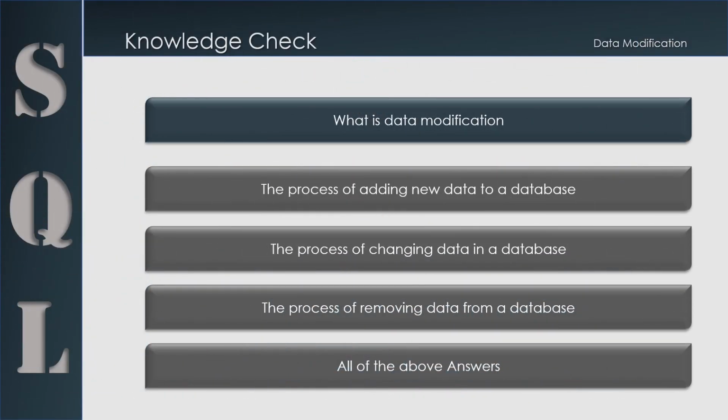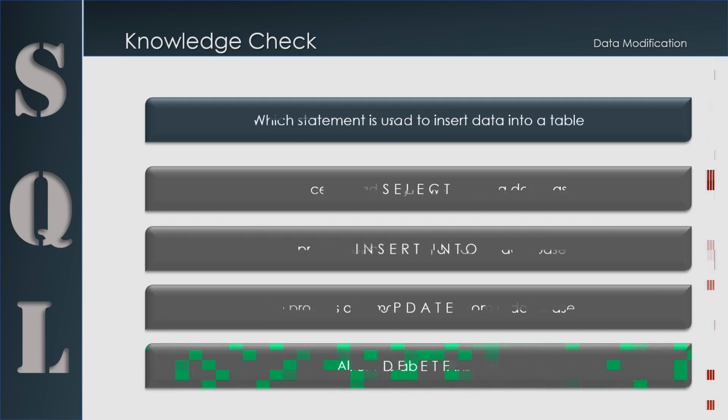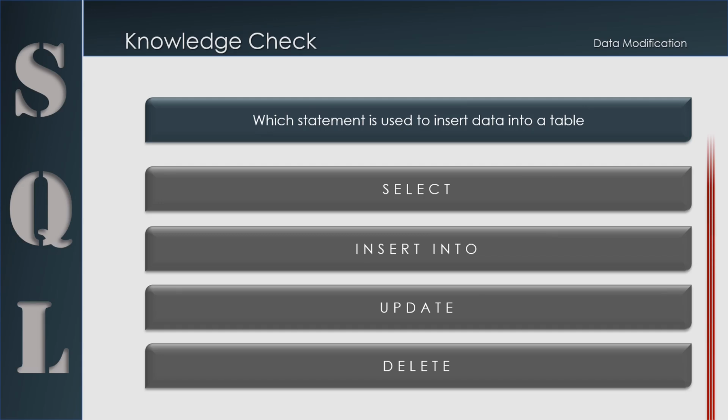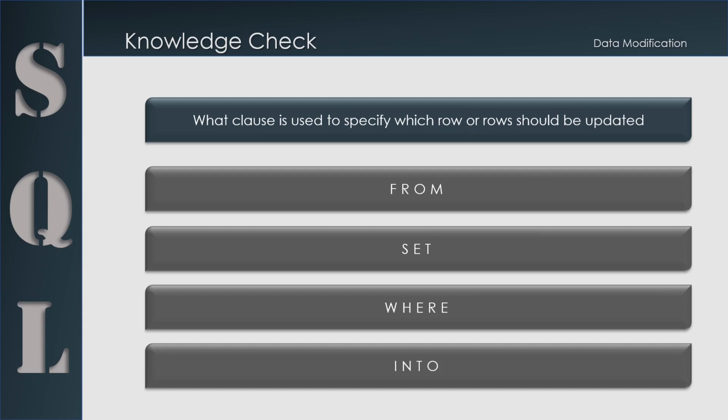What is data modification? Which statement is used to insert data into a table? What clause is used to specify which row or rows should be updated?